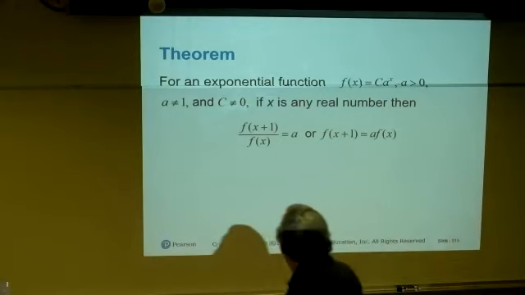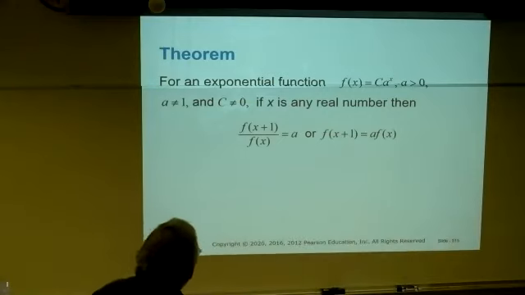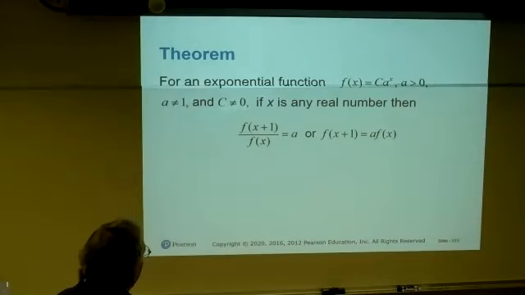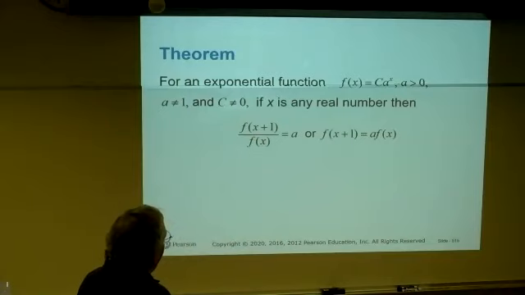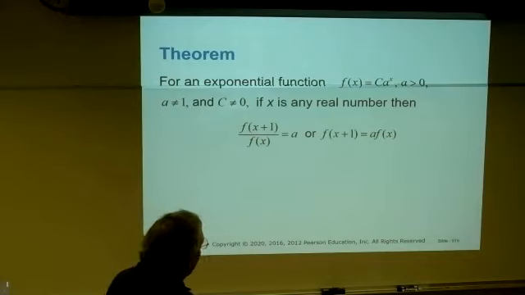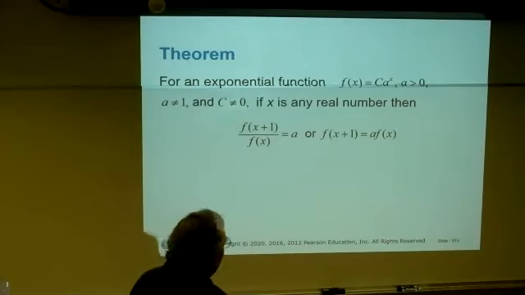Okay. Exponential function. If f of x equals c times a to the x power, where a is a positive number and a is not equal to 1, and x is any real number, then f of x plus 1 over f of x equals a, what you're multiplying by.